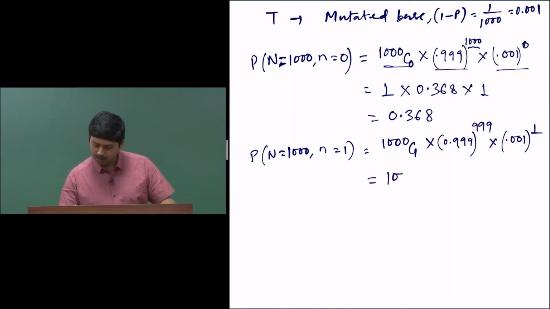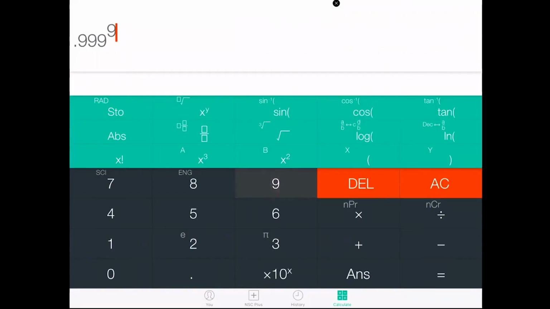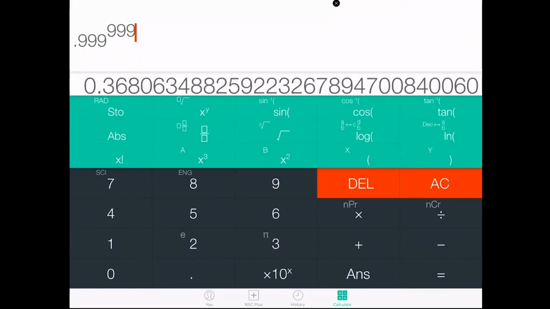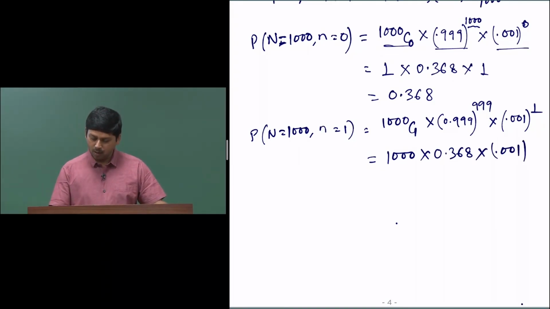So, this is nothing but 1000 multiplied by 0.999 to the power 999. Let us see how much it is. 0.368 again, and 0.001 is just 0.001. So, if you multiply this one with this one, you are going to get 1, so you are left with almost the same number.